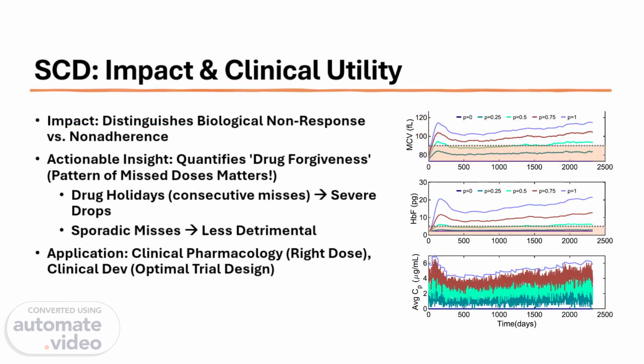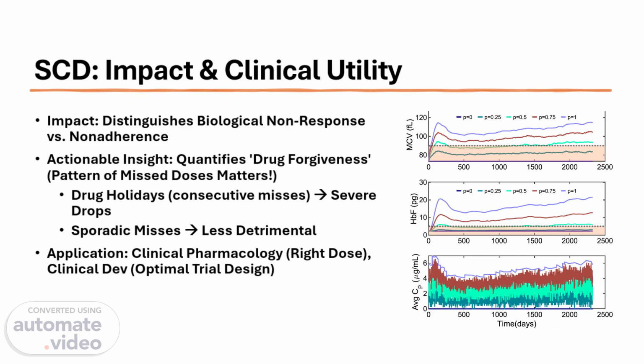The impact and clinical utility of our SCD model are substantial. It allows clinicians to distinguish between biological non-response and true non-adherence, providing clarity for treatment decisions. A key actionable insight is the quantification of drug forgiveness, revealing that the pattern of missed doses truly matters.